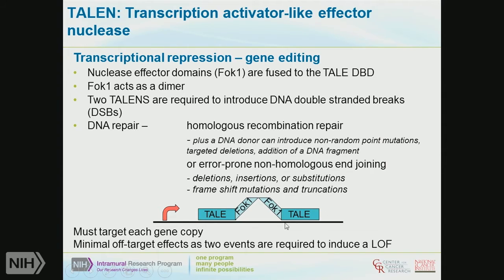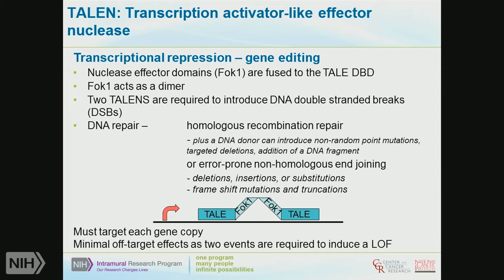This increases your specificity, because this molecule will only work if you end up with a dimer, and they have to find 2 different places very close to each other. This will then introduce DNA double-strand breaks, and then you've got 2 approaches that can make use of that event. You can induce homologous recombination repair, which, if you add a DNA donor, lets you introduce a specific point mutation, put in targeted deletions, or put in an insertion with a specific DNA fragment.